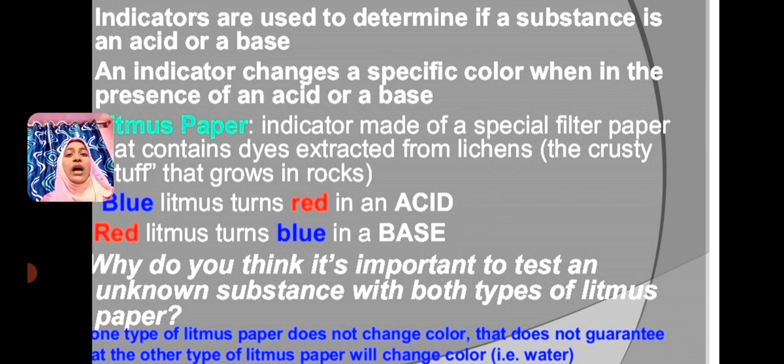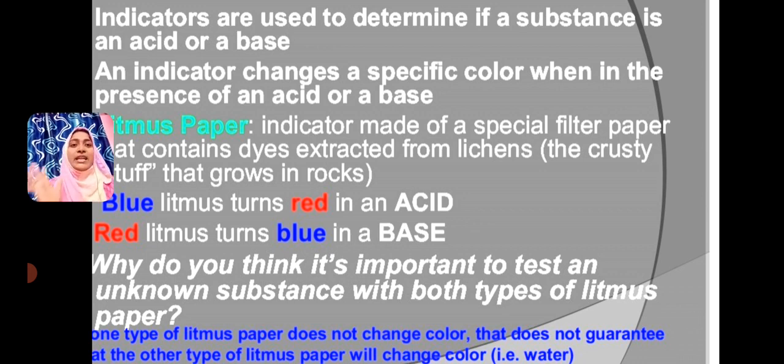So how does litmus paper work? When blue litmus paper is dipped into an acid, it will turn red. This confirms that the solution is an acid.